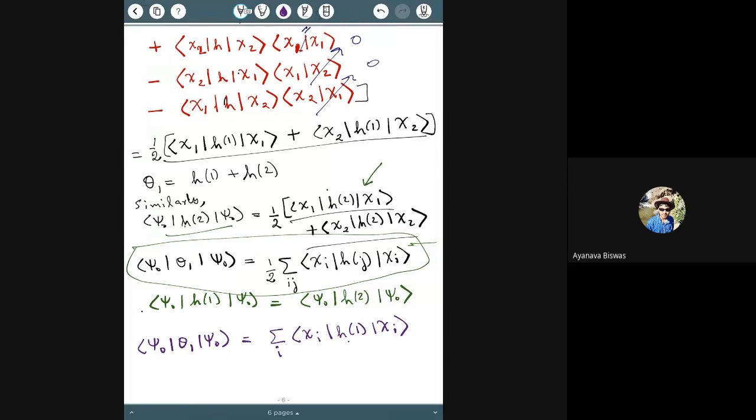So the electrons don't have any identity. The states have an identity. But the state is represented by the whole theta one, not by H1 and H2. Exactly. Then why is the expectation value of H1 and the expectation value of H2 the same?